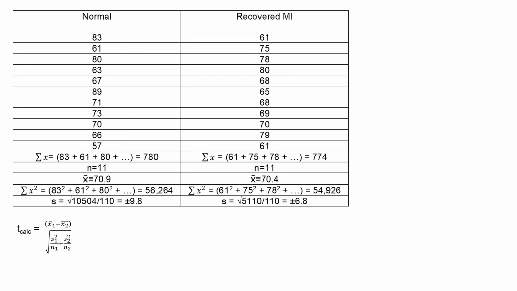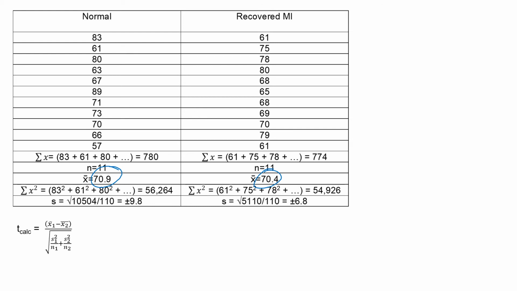So back to this table of the heart rate of the males that did not have a heart attack and those that recovered from it. If we calculate the mean for the first group, it would be 70.9, and for the second group, the mean of the data points was 70.4. As you can see, there is a slight difference.